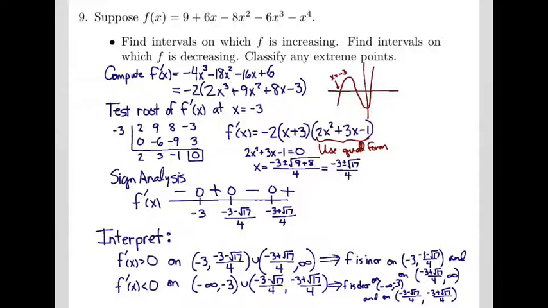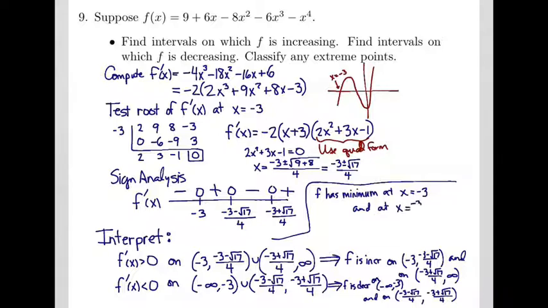Because I switch at 3 points, I get 3 extreme values. I have 2 minima, so f has a minimum at x equals negative 3, where I go from decreasing to increasing. And again, at x equals negative 3 plus root 17 all over 4.